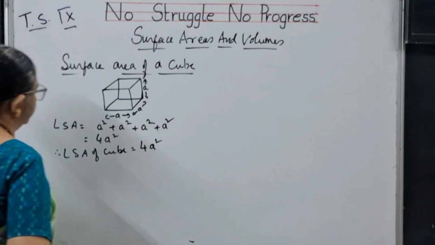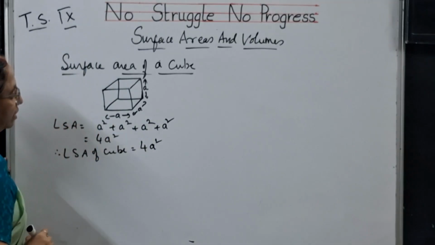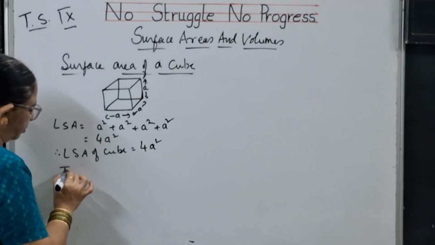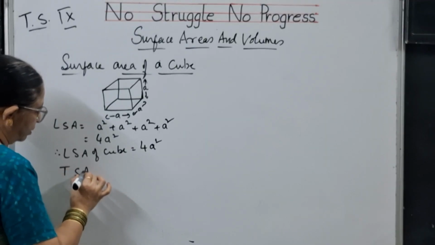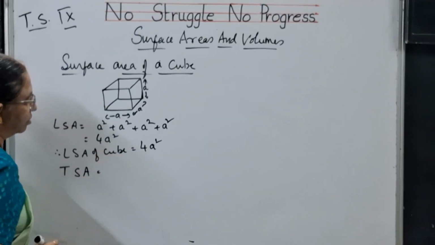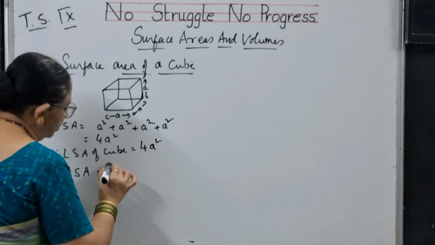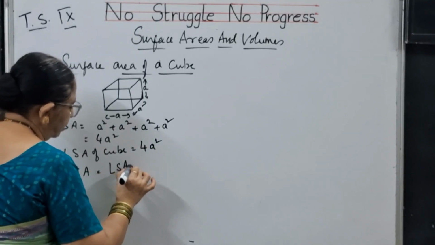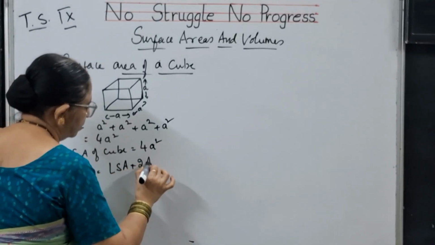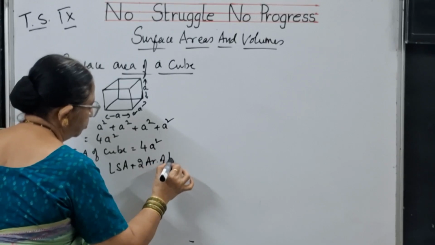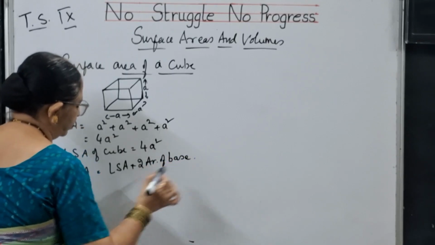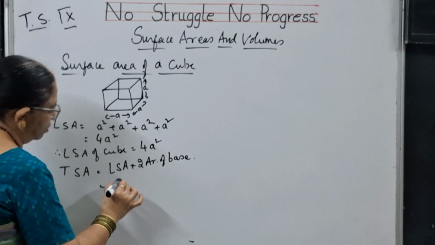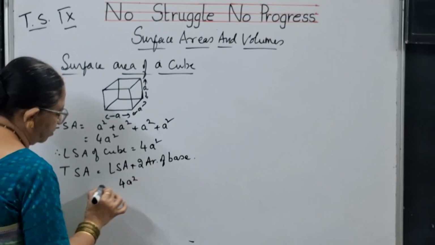LSA in the sense lateral surface area. Now, we will be talking about TSA. TSA is total surface area. It is nothing but lateral surface area plus twice area of base. This is the basic property that we are using. Lateral surface area is 4A square.